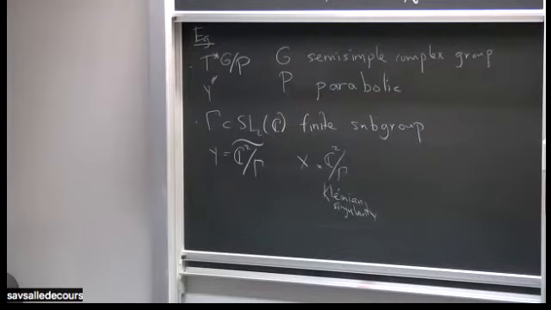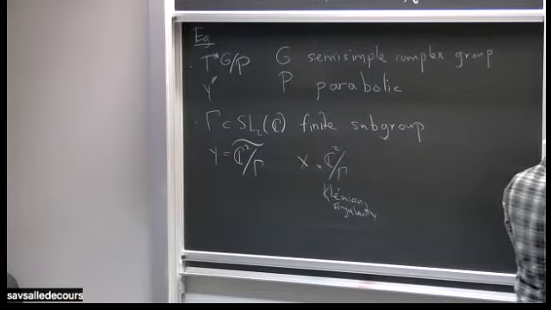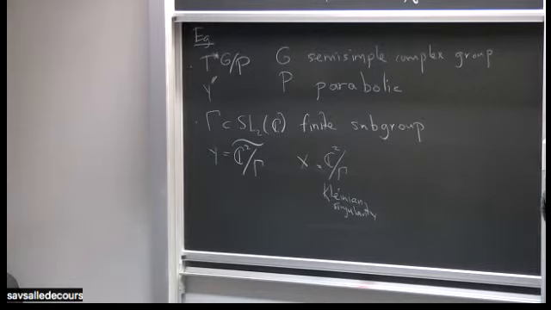Besides these examples, there's a somewhat general procedure for constructing them. The general procedure uses what's called Hamiltonian reduction. I begin with G, any reductive group.